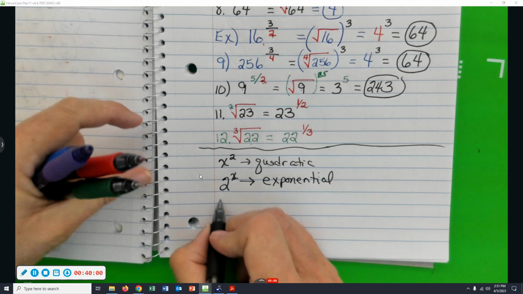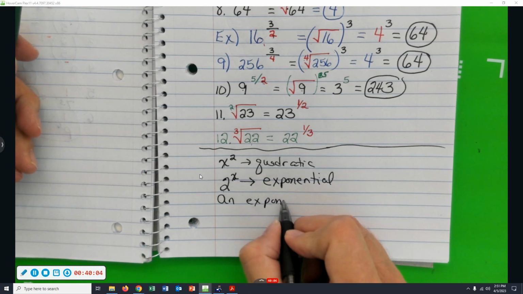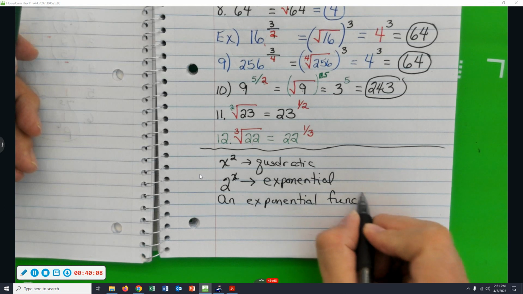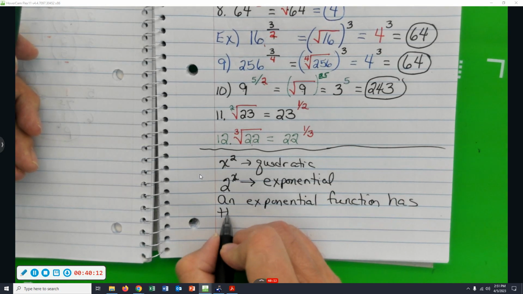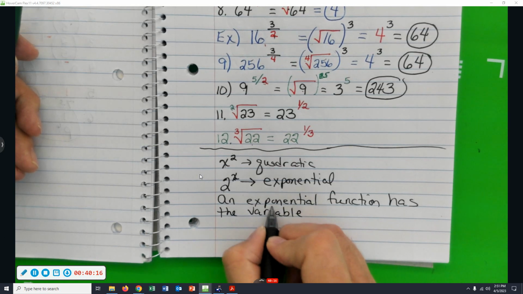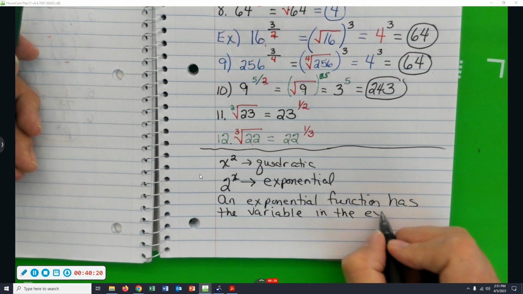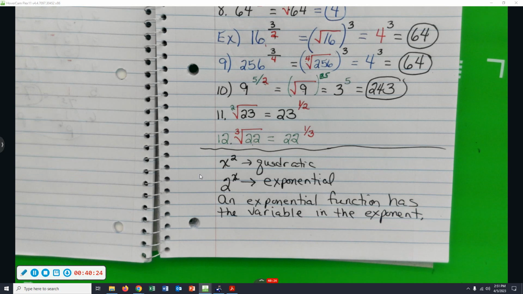Let me write an exponential function. It has the variable in the exponent. That's the first time this semester that we've seen variables in the exponent.